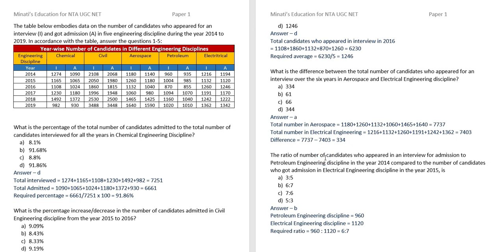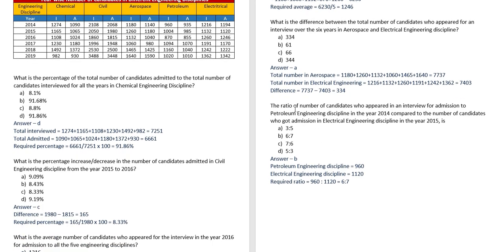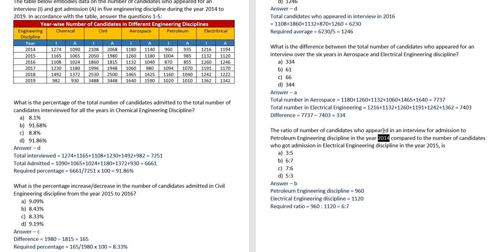Come to the next question. What is the ratio of the number of candidates who appeared in an interview for admission to the petroleum engineering discipline in the year 2014 compared to the number of candidates who got admission in the electrical engineering discipline in the year 2015?